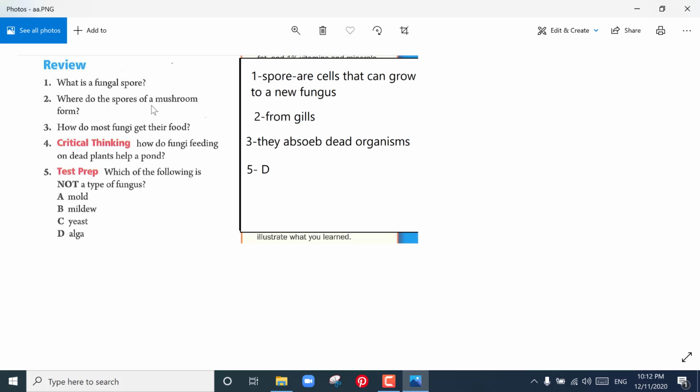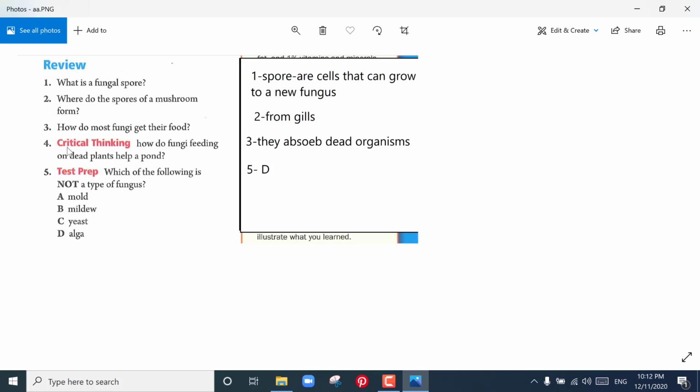Where do the spores of a mushroom form? The spores form in the gills. How do most fungus get their food? They get their food by absorbing dead organisms or dead things.